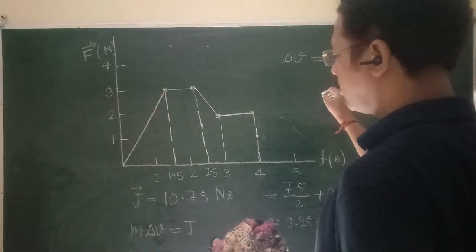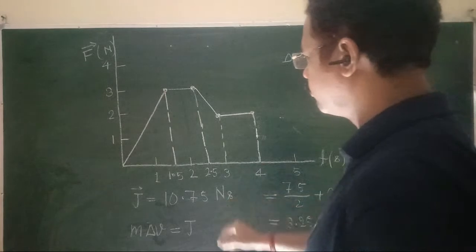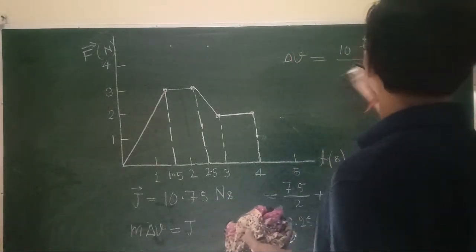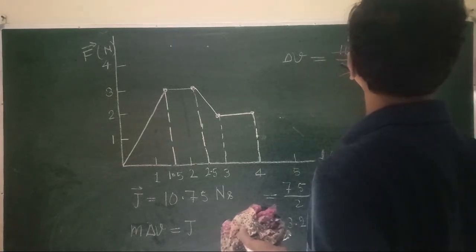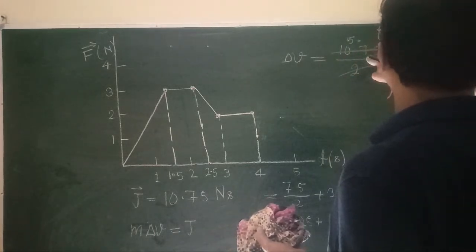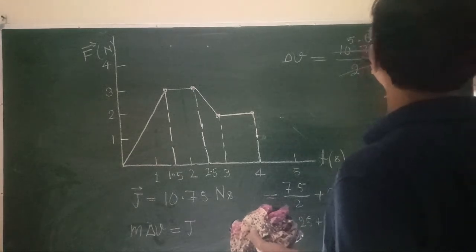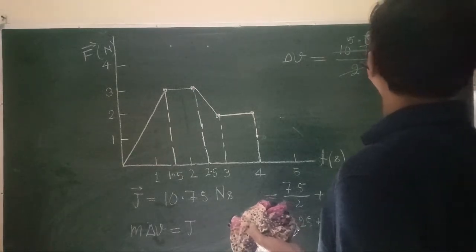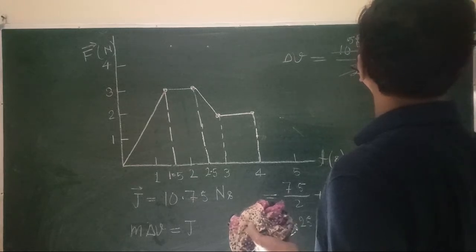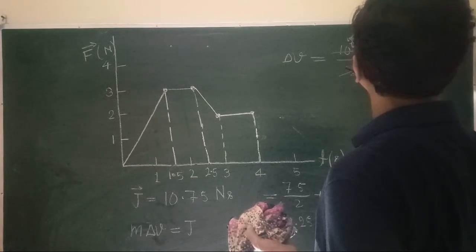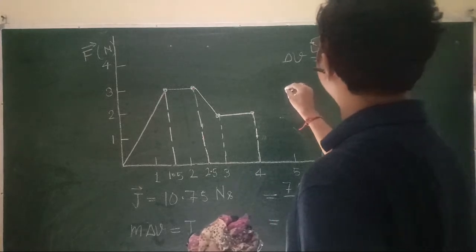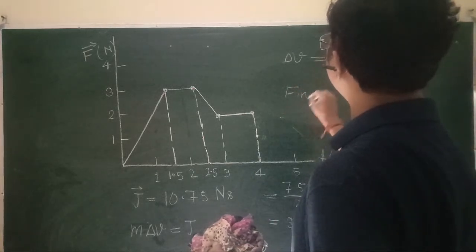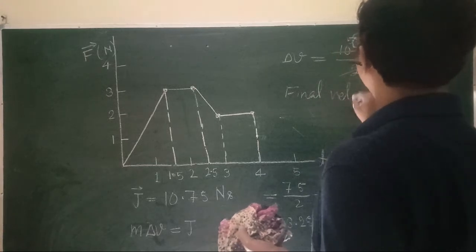So this is equal to 5 into 6 into 7. The total velocity, final velocity, you know, initial is how much?